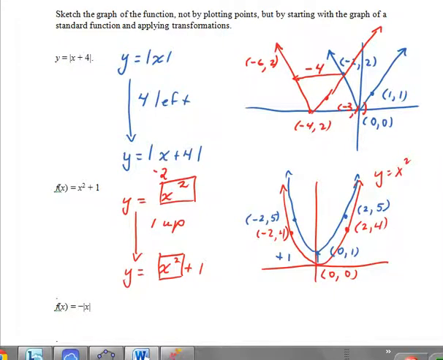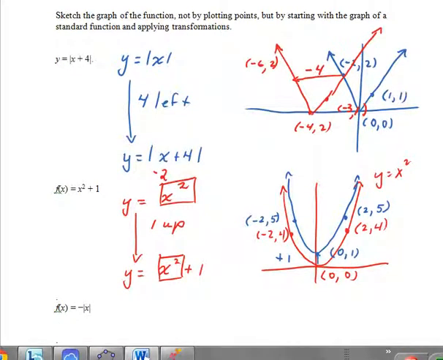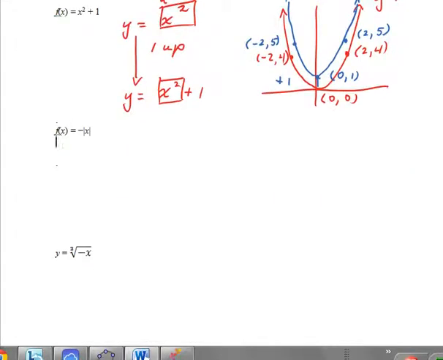Our third example is actually a reflection. The third example is again based on y equals the absolute value of x, but we are to graph y equals the opposite of the absolute value of x, or -1 times the absolute value of x.